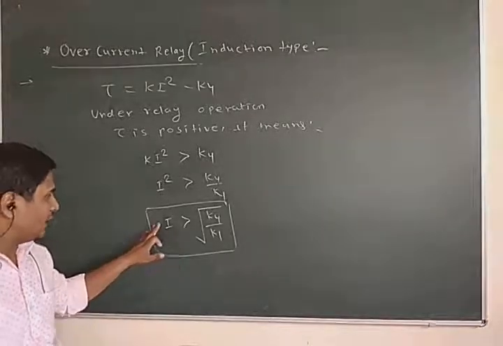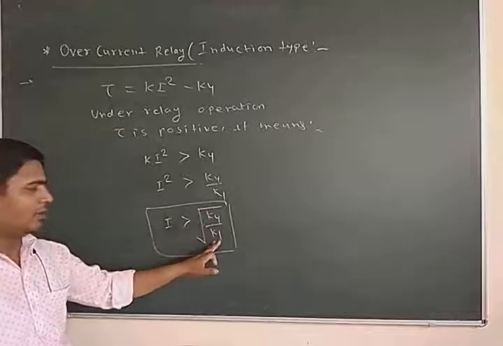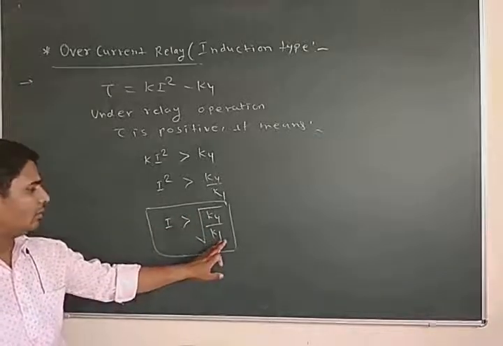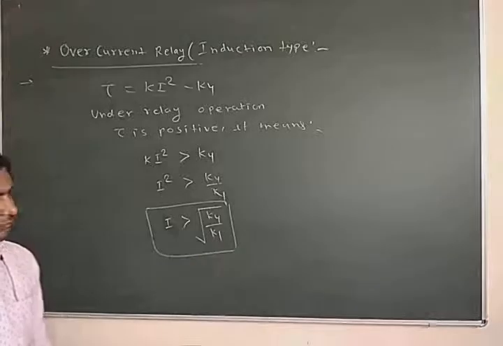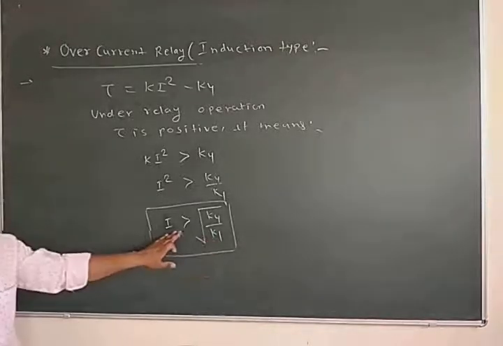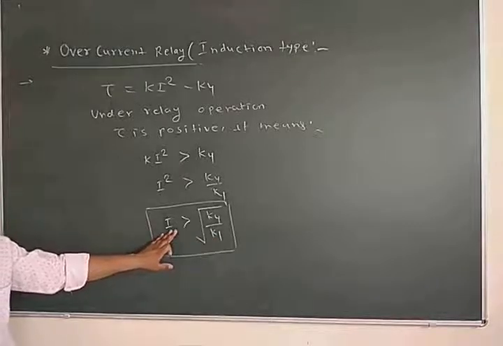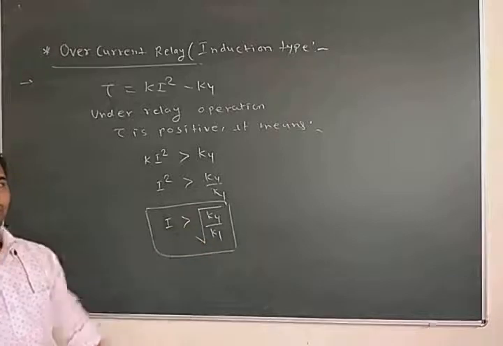It means here I is the operating current and under root K4 upon K1 represents the relay current setting. If our operating current is greater than the relay setting, our relay will start operating and it will send a signal to the trip circuit.